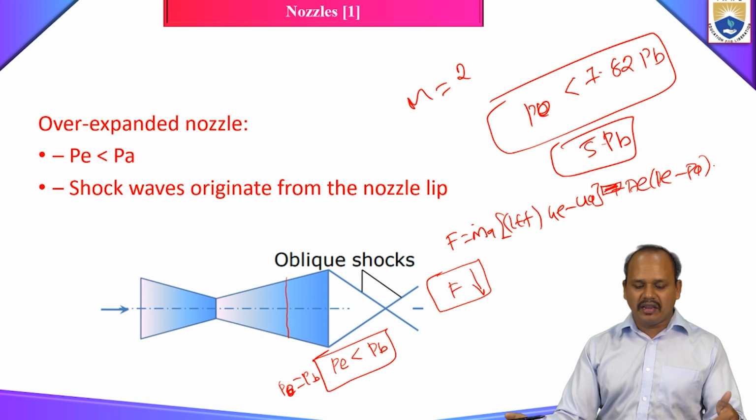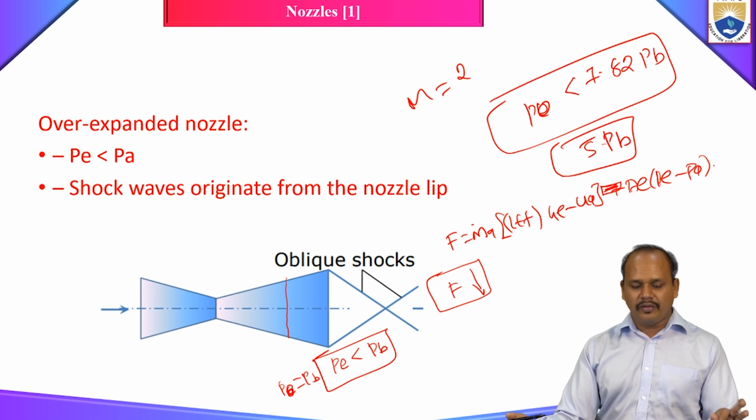At that time you won't have any wave formation. If your P naught is greater than 1.893 times PB, for your convergent nozzle, you will have the underexpanded case. So you don't have an overexpanded case for a convergent nozzle. The overexpanded case is only applicable for a convergent divergent nozzle.